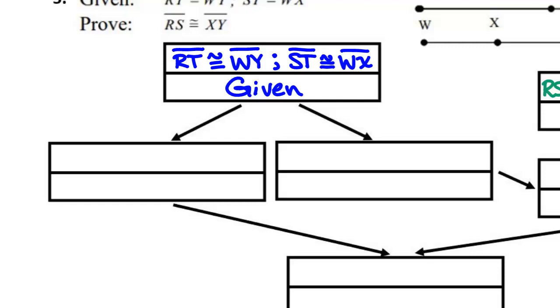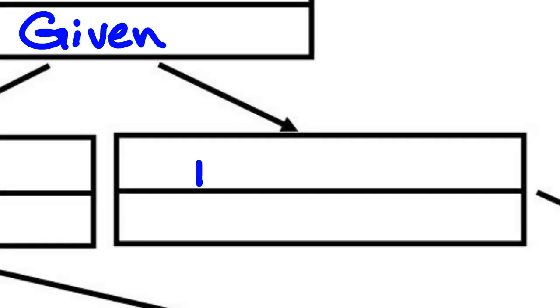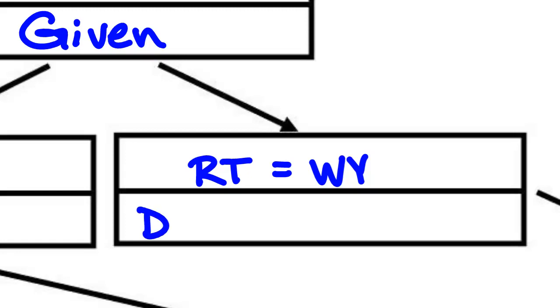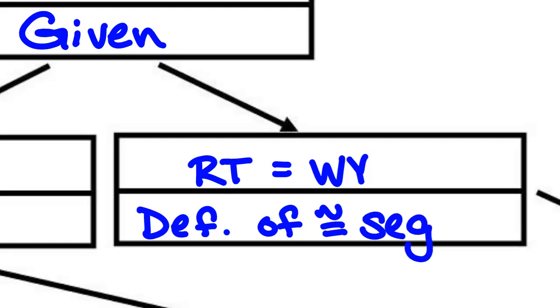All right, so before I decide which box I'm going to write these in, I see an RT right here, and an RT here, a WY here, and a WY here. I'm going to put that in this box because I think I'm going to have to use it with this because I have RT and WY. So RT, no, sorry, no dash over it. The length of segment RT is congruent to the length of segment WY. That would be my definition of congruent segments.